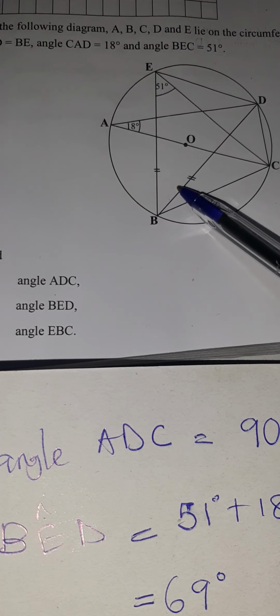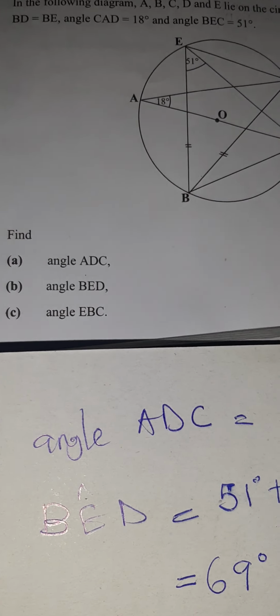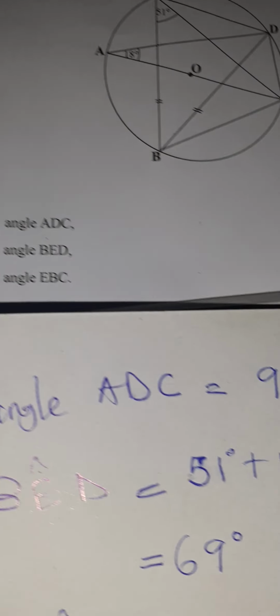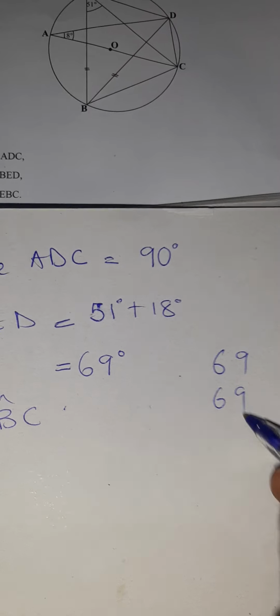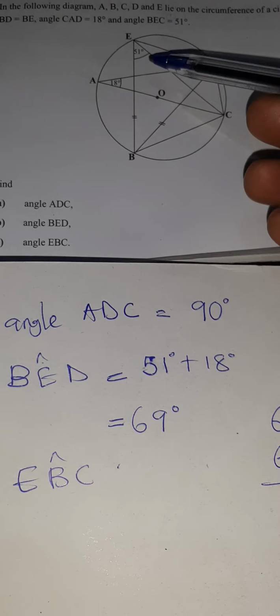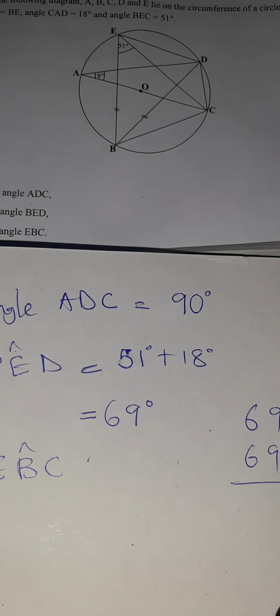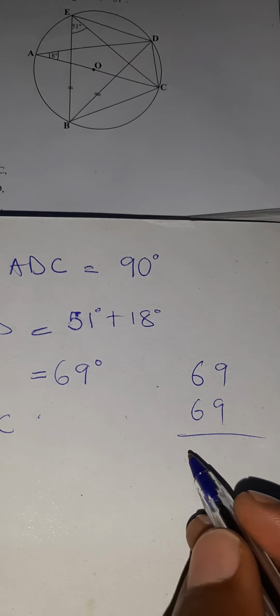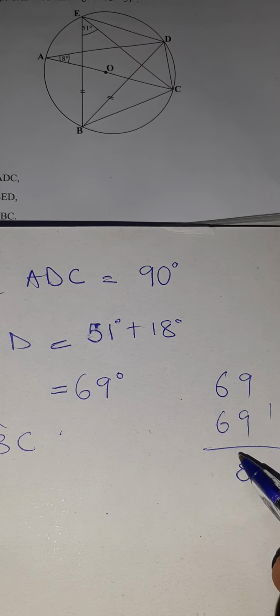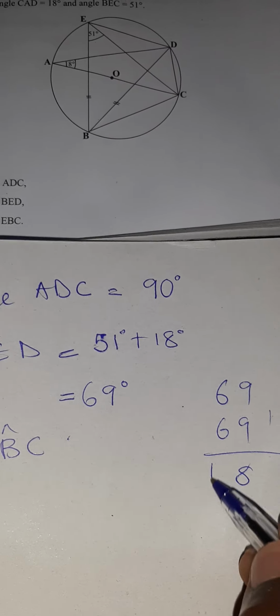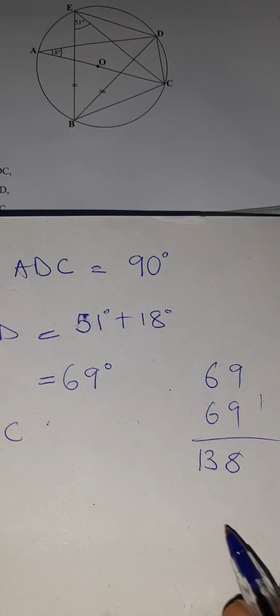So we cannot fail to find this. What we're just going to do is add 69 plus 69 first of all. We're adding these two angles here and subtracting them from 180. So 9 plus 9 is 18, carry 1, then 6 plus 6 is 12, plus 1 is 13, so 138.